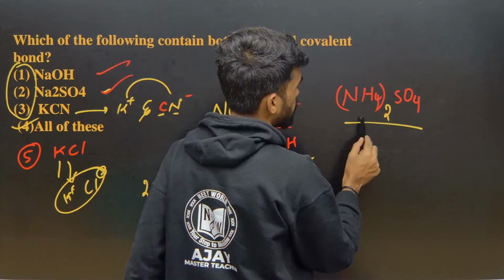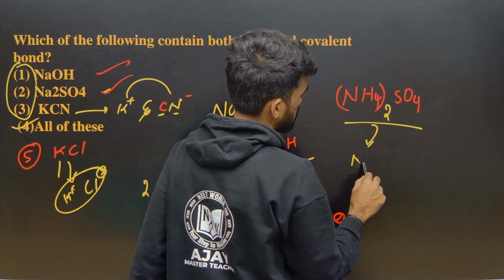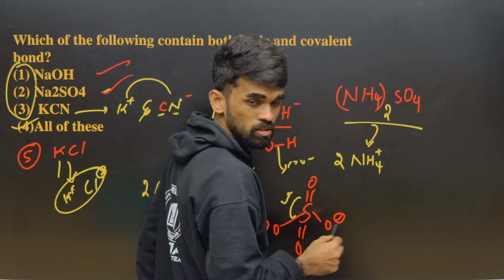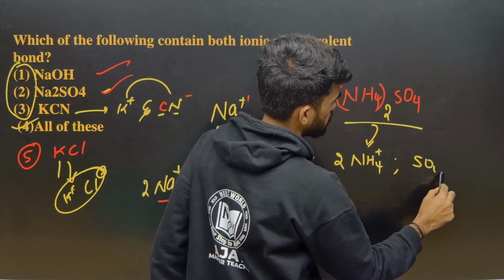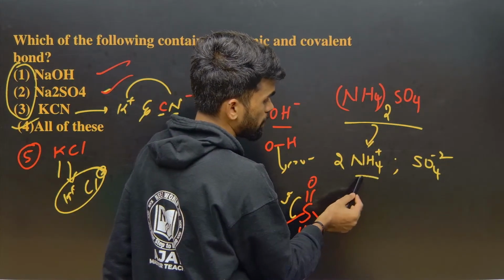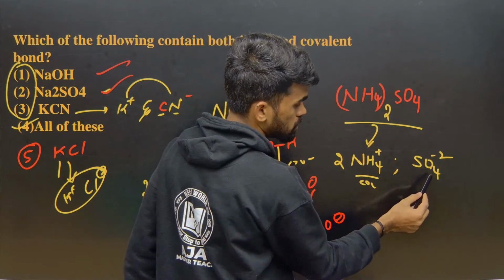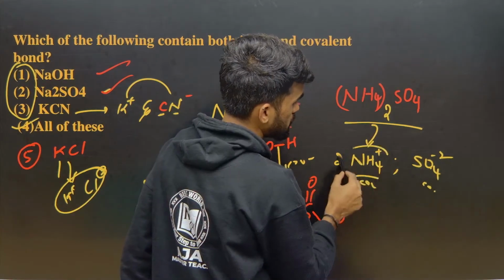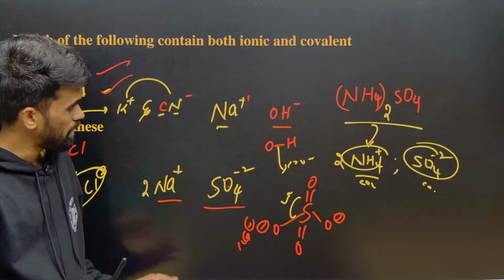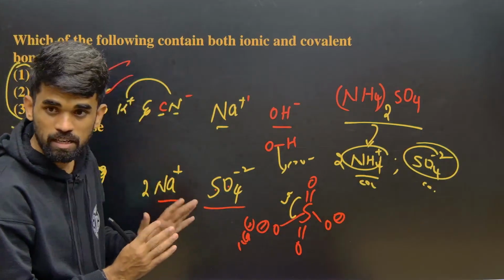So what are the cations here? 2 NH4 plus ions, and sulfate 2 minus. Between nitrogen and hydrogen there will be covalent, between oxygen and sulfur covalent, between these two ions ionic. It has both. Very basic only, but try to understand what we are doing.